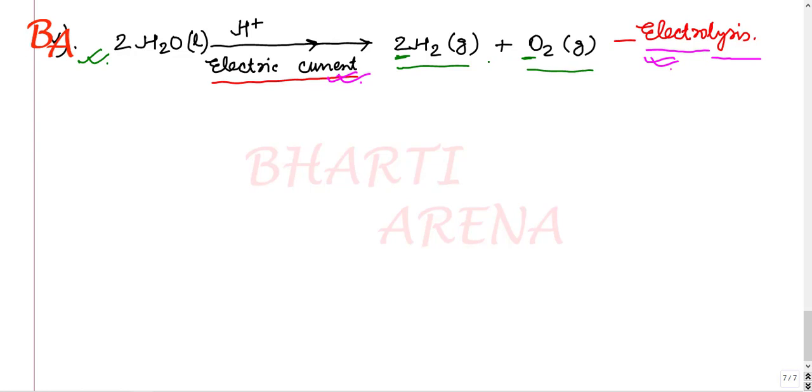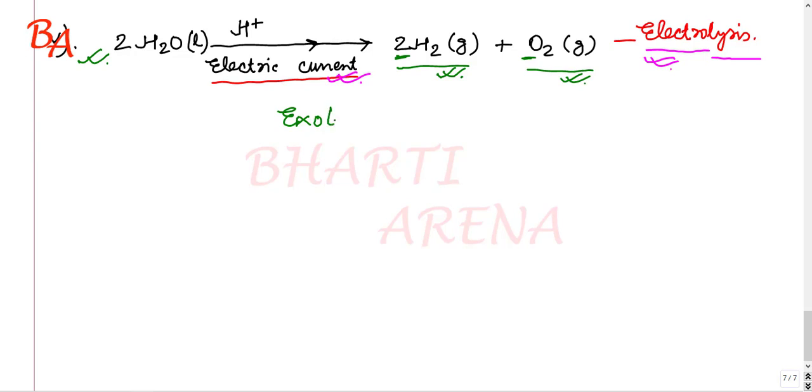Therefore the volume in the test tube containing hydrogen is twice that of the test tube containing oxygen. So this is the reason for having twice the volume in one test tube than the other during the electrolysis of water.